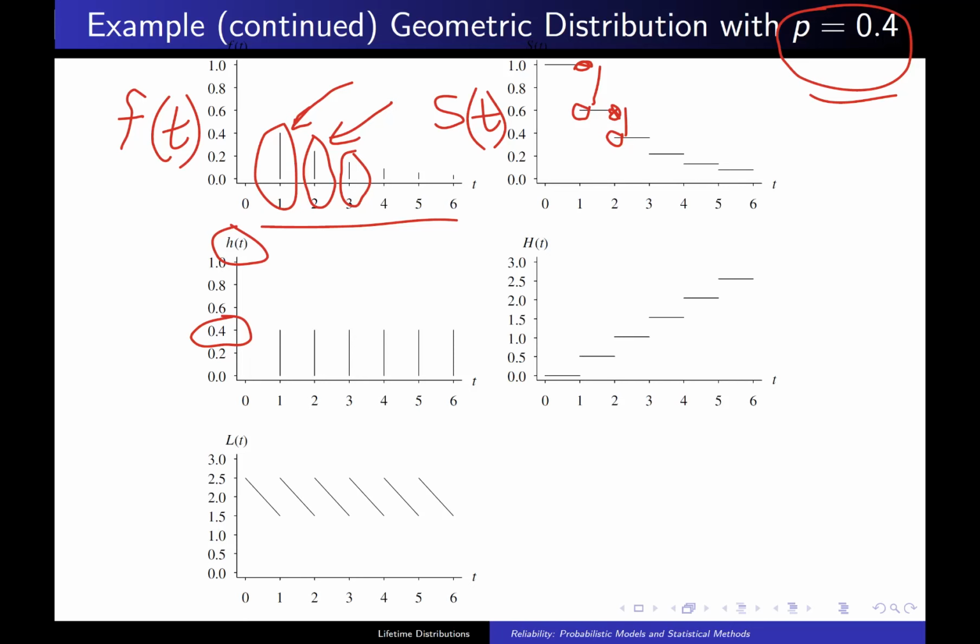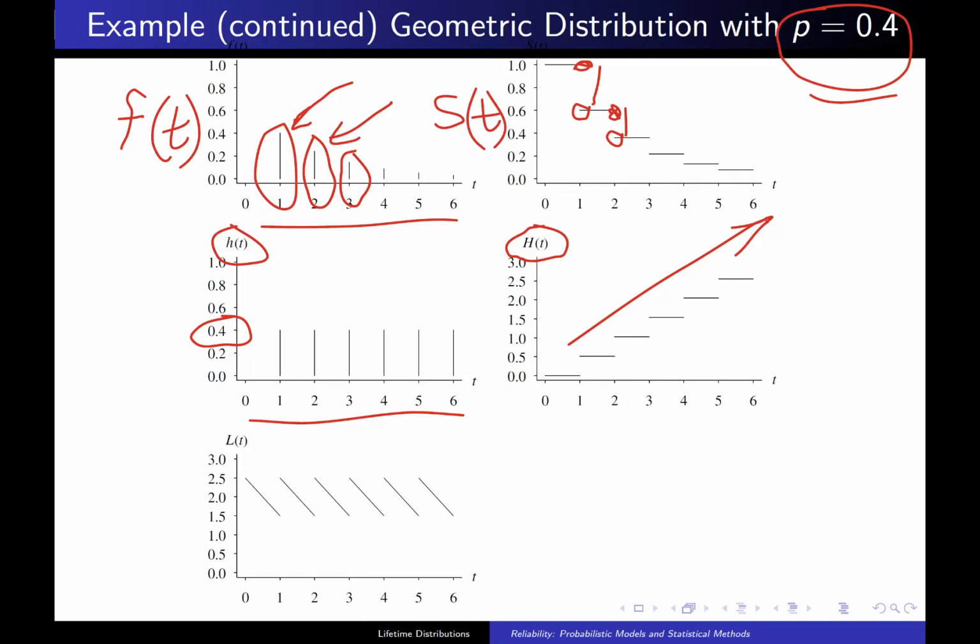So once again, the interpretation is if the light switch is working, there is an equal probability chance on each flip that it will fail. Here is the cumulative hazard function, and you'll notice that each one of these steps upwards has the same height, and that is consistent with a constant hazard function.